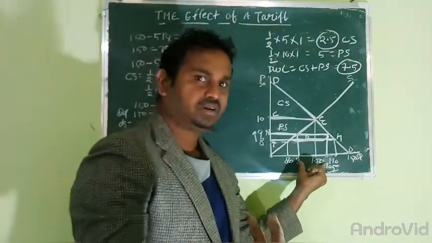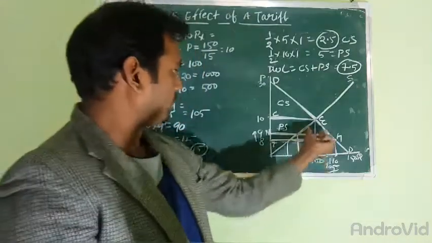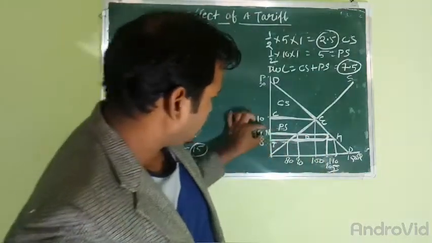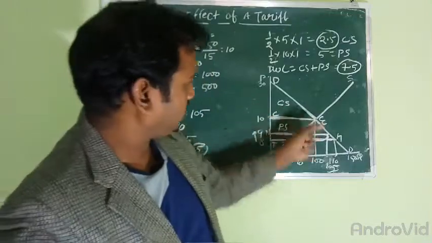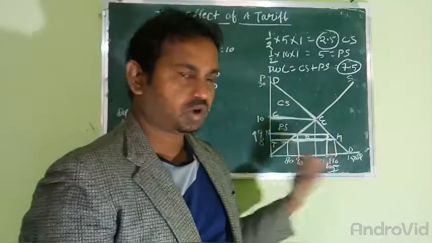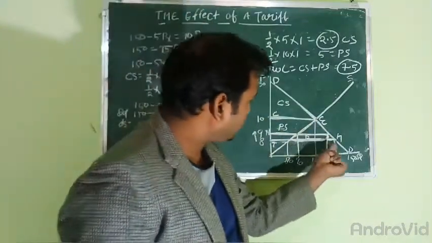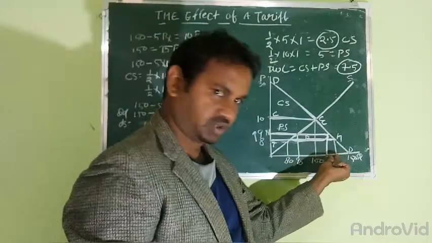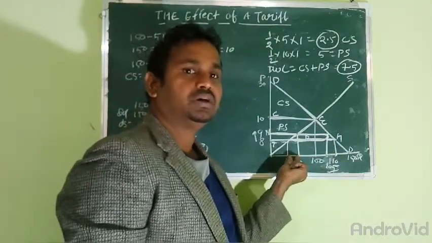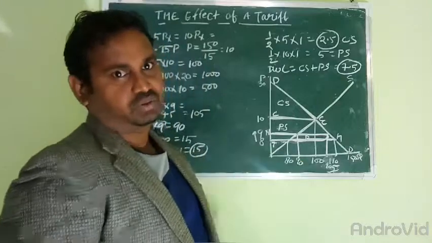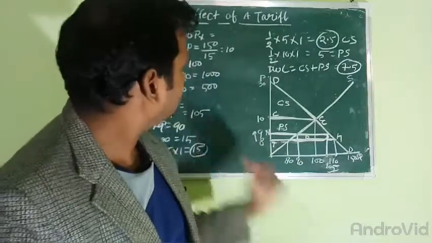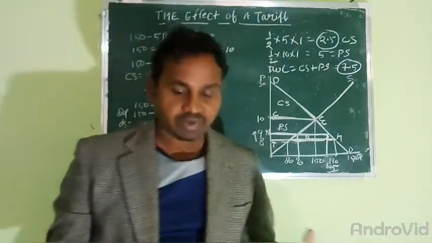Then you can find government revenue, because you can multiply this quantity by the difference of the prices, then you can find the government revenue. And again you can find how much the consumer surplus and producer surplus decrease. Okay, clear? So these are called the impact of tariff.